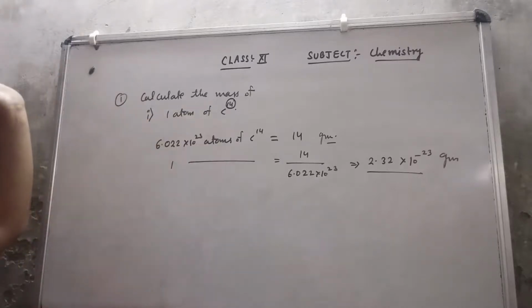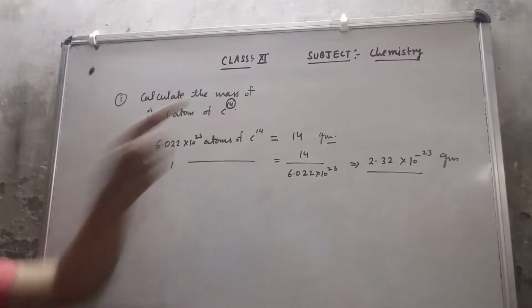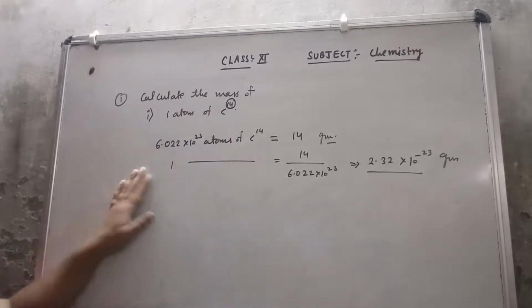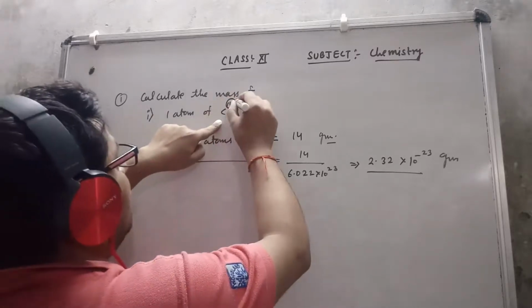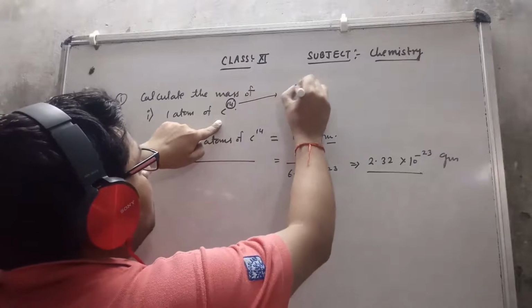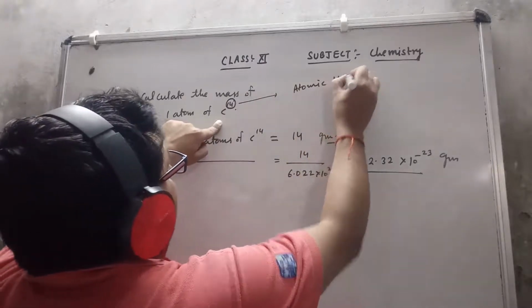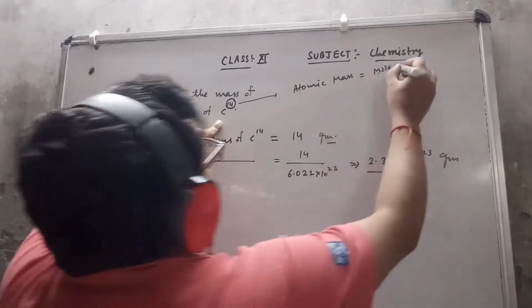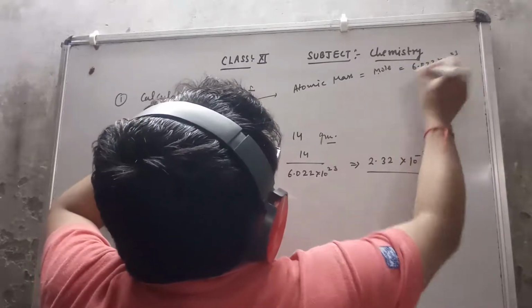Before that I have told you that whatever the atomic mass is, that will be equal to one mole, and that mole is equal to the Avogadro number. I told you this 14 is the atomic mass. In the first flowchart I discussed with you, atomic mass is equal to mole, and mole is equal to 6.022 into 10 to the power 23 atoms.